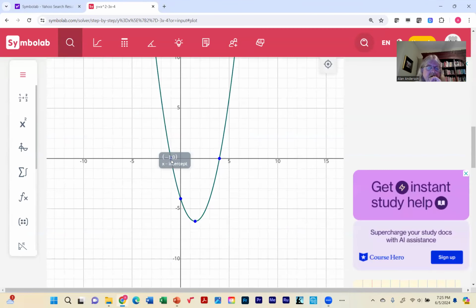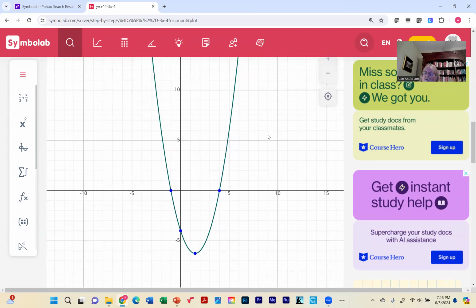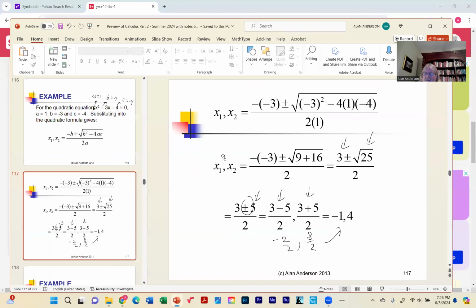Okay, right there, negative 1, 0 and 4, 0. Those are our two solutions; the solutions are the x coordinates, negative 1 and 4. Okay, so it typically will identify for us the two solutions, the vertical intercept and the vertex. There's more if you ask for it, but this is what it normally does.